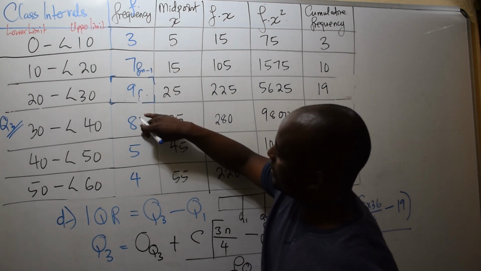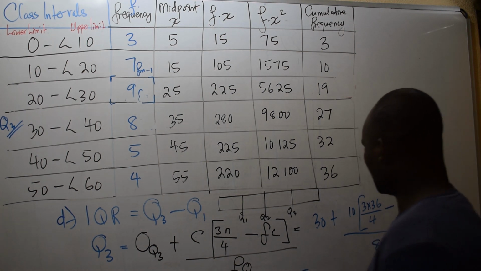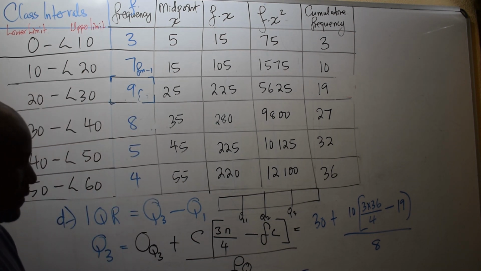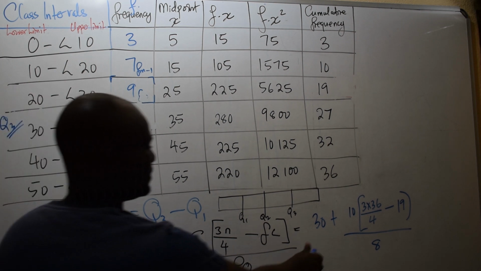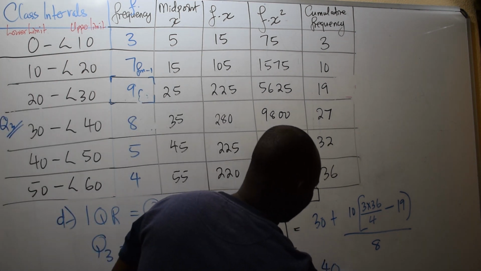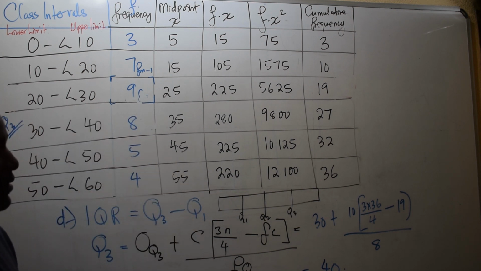The frequency of that interval is going to be 8. So in terms of calculating, we say the 27, take away the 19, multiply by 10, divided by 8, so that's a 10 essentially, plus the 30, that will give us a 40. It's right at the end, the very last figure, and it's within the range, so the answer is fine. So that's your Q3.